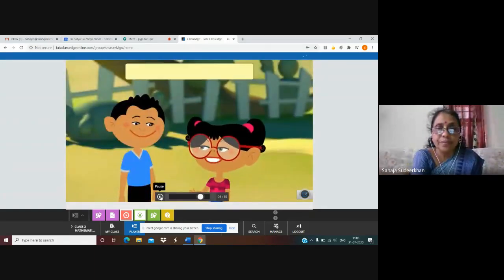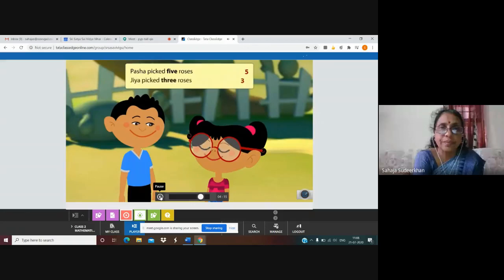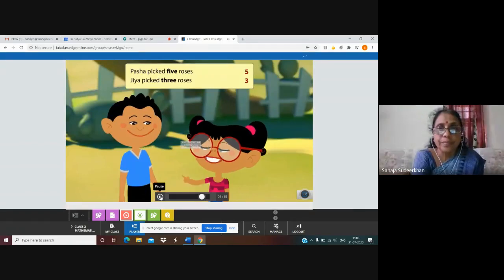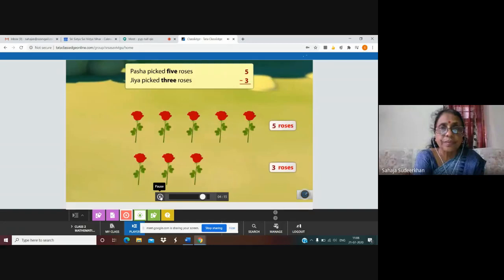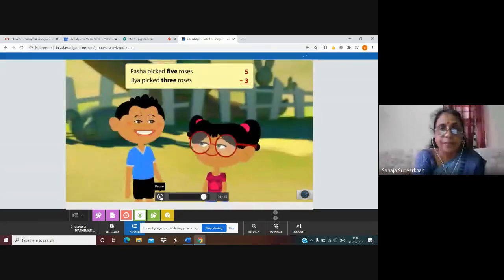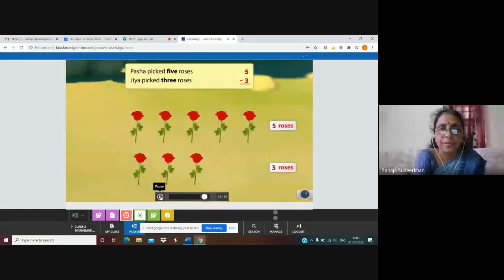But Pasha, look, you collected more roses than me. Jia, how many more roses than you did I collect? To find out how many more roses you collected, you should subtract my number of roses from your number of roses. So, I'll subtract 3 from 5. So, you collected 1 rose and I also collected 1 rose.